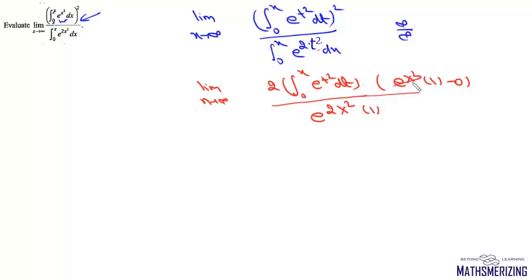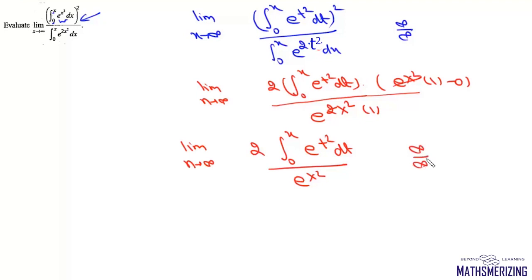Now here e to the power x square and e to the power 2x square will cancel. So we'll get limit x tends to infinity of 2 into the integral from 0 to x of e to the power t square dt, upon e to the power x square, which is an infinity upon infinity form.